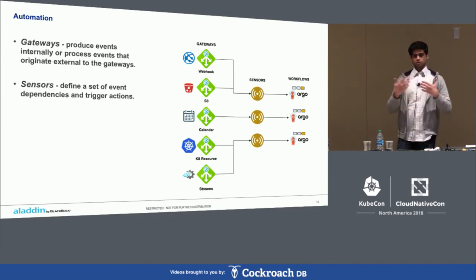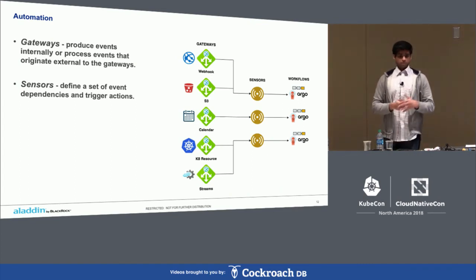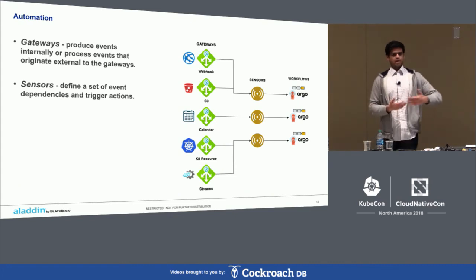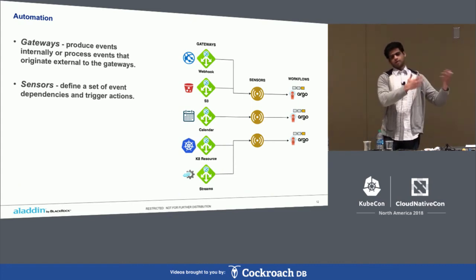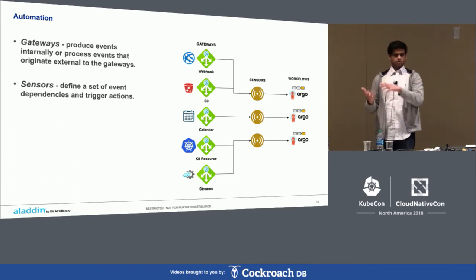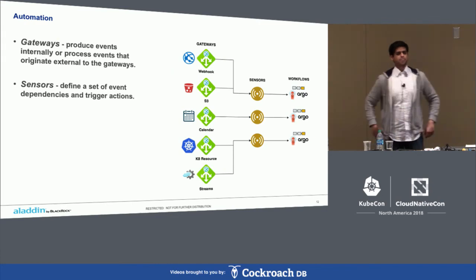All you need to provide is what event source you want to listen to and how you want to consume that event. That's it. And if you want to write in Go, we already have the core gateways in Go, so you can literally copy that template for your gateway and just change the particular piece of code that consumes events.